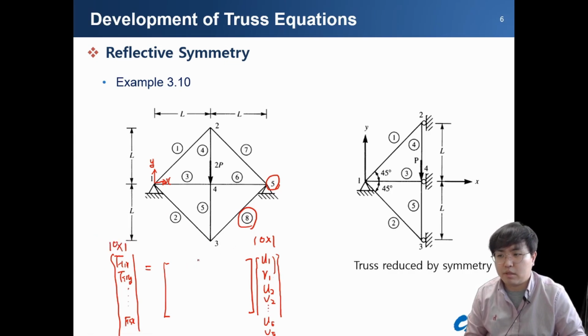That means our global stiffness matrix must be 10 by 10. It's a very huge matrix, but you can easily solve it with computational software.